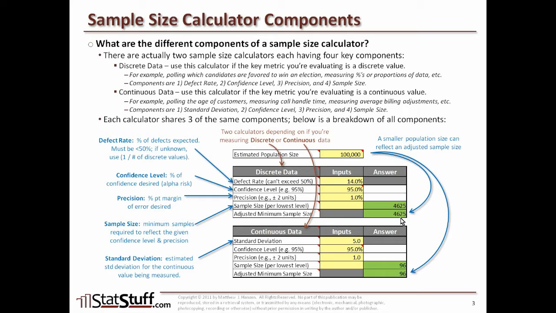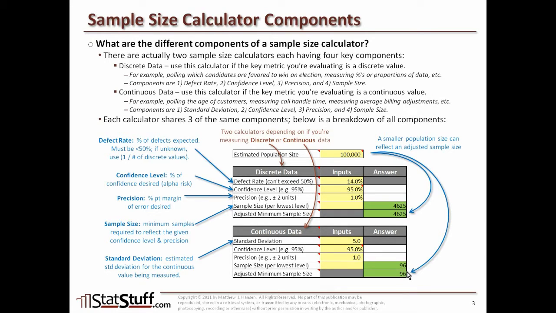Now, it's not going to be much smaller. If you have a population of 4,000, it may drop to something like 3,000 or 3,500 that you need to collect, because generally you don't need to collect the entire population in order to do some statistical analysis. However, when your population is small like that, you can adjust your minimum sample size to something smaller, and that's what this will calculate for you.